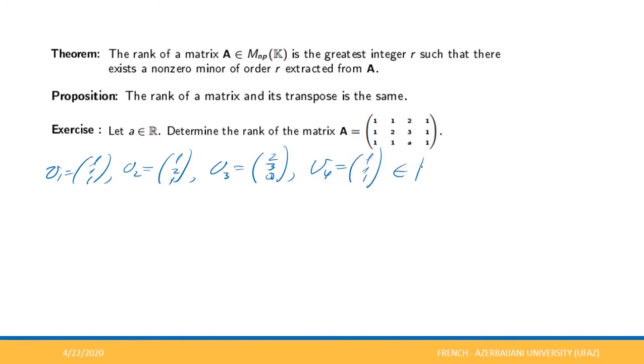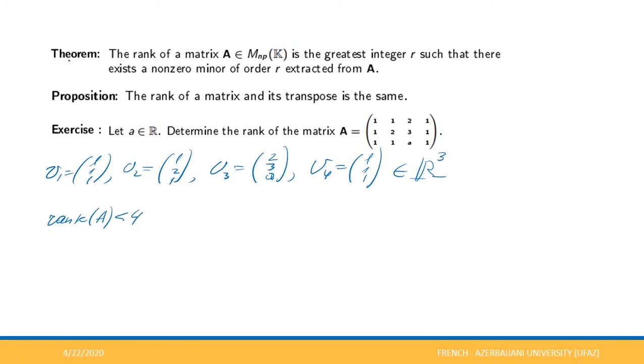And also, as I said on the previous slide, 4 vectors in 3-dimensional space are linearly dependent. Because of this, the rank of this matrix will be less than 4. Rank A will be less than 4. It may be 0, 1, 2, or 3.